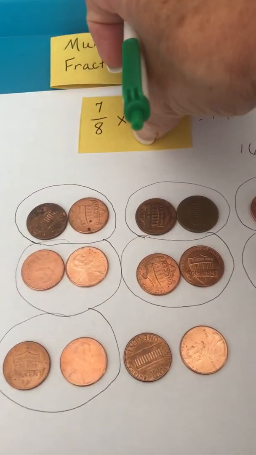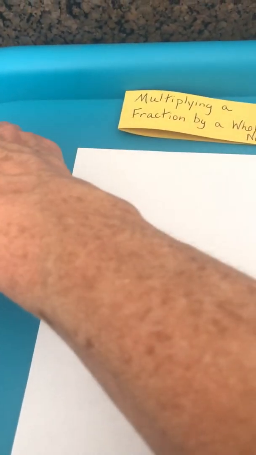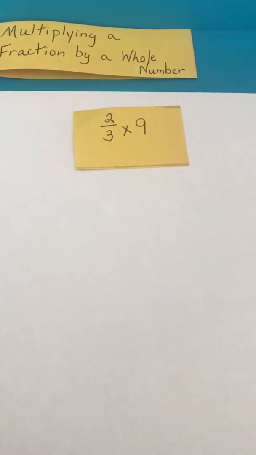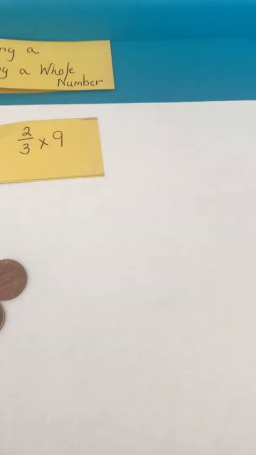All right, let's take a look at another example. And we'll change our whole number this time. And let's change it up. This time take a look at our whole number. Our whole number is 9. So I'm just going to try to move 9 pennies.